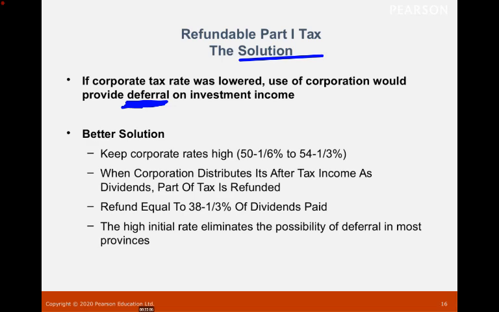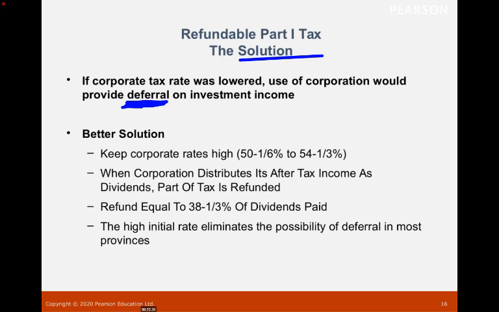The corporation earns the income, it pays corporate tax, and then it pays the individual the money, and then the individual pays their piece. But the corporation can decide when to have those dividends be declared and paid. So if we lower that corporate tax rate, it gives more potential here for deferral.